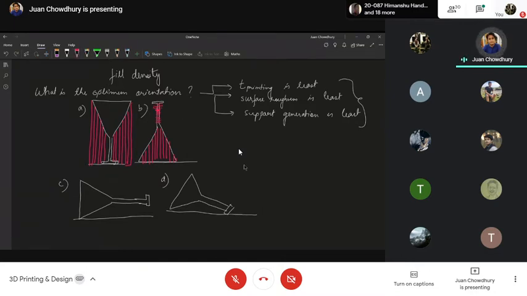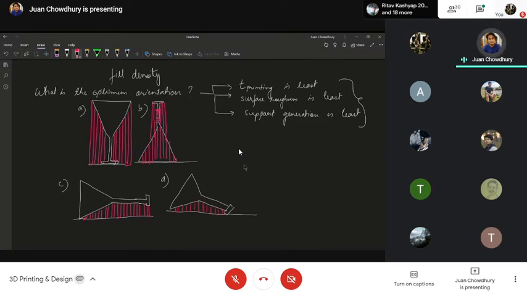As you can see over here, the handle right at the top will require further, more supports. Let's check out this orientation then. And this orientation now.